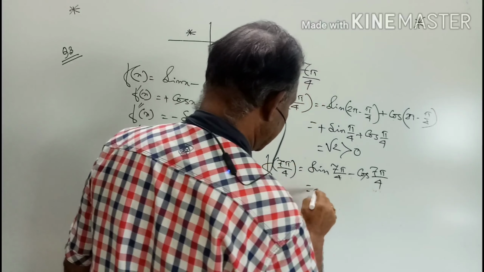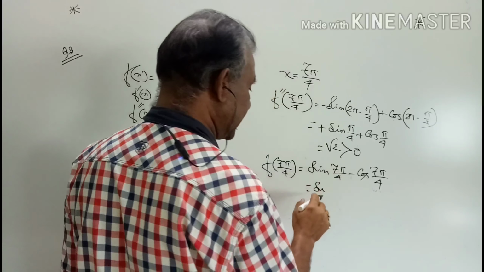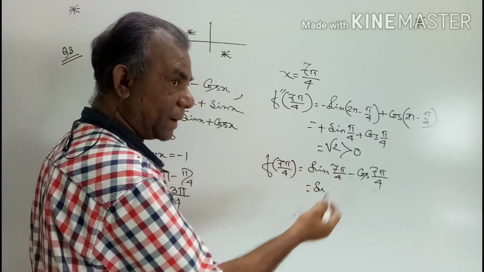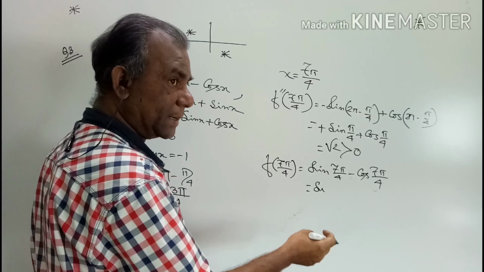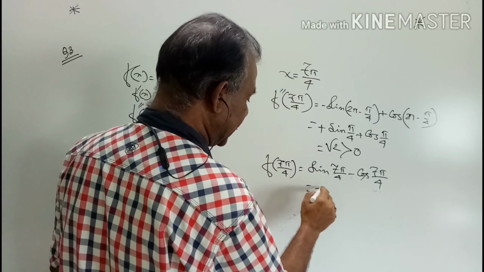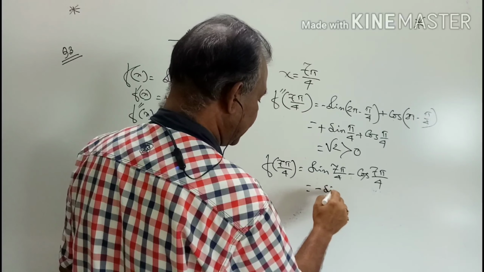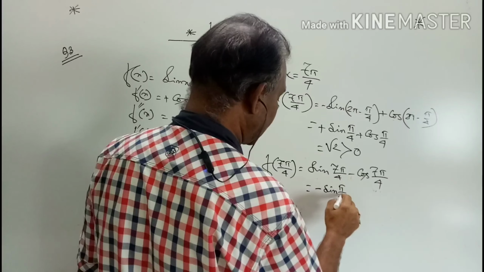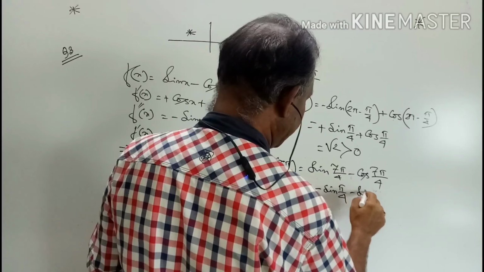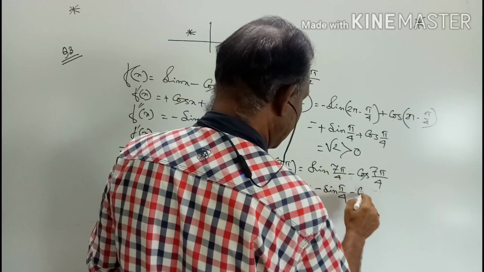Sin 2 pi minus theta, 2 pi minus pi by 4, the sign will remain sin but with a negative sign, sin pi by 4, and cos is positive, cos pi by 4.